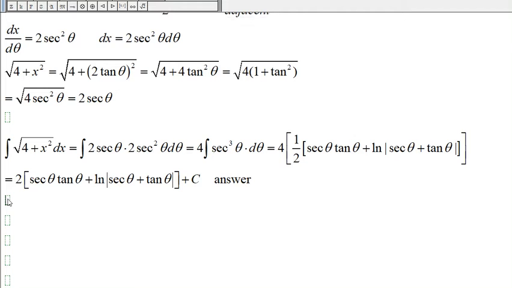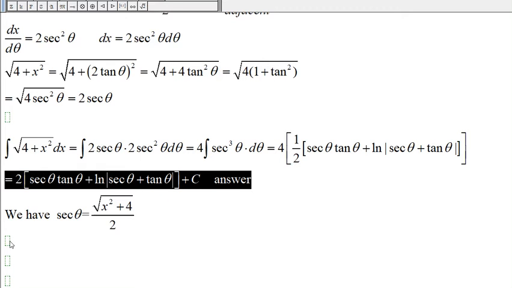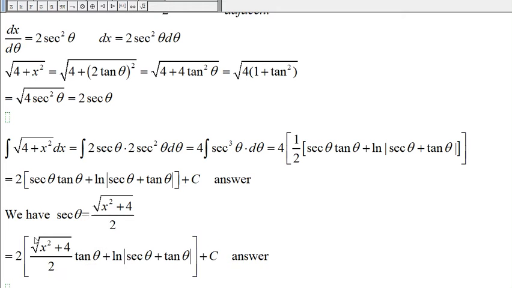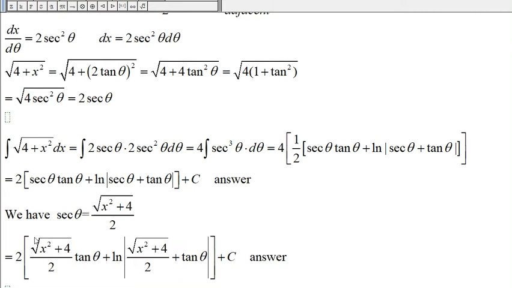And so we have secant of theta is equal to the square root of x squared plus 4 divided by 2. And so our answer in terms of x, in the place of secant, we have the square root of x squared plus 4 divided by 2.